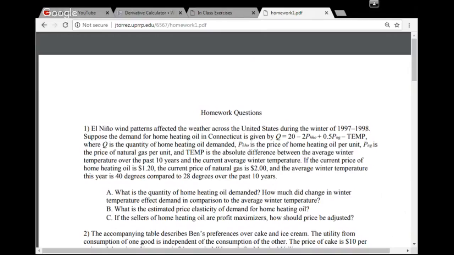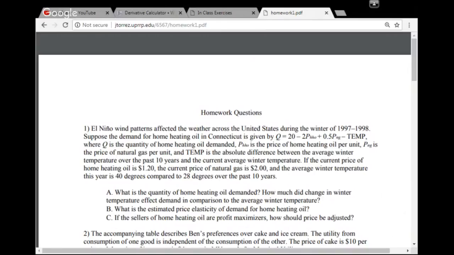I didn't want to turn on this light because it fades out the board, especially the way it's flickering. 0.3636. Actually, let me put a 0 out here, so the absolute value doesn't look like a one. Inelastic. Okay.